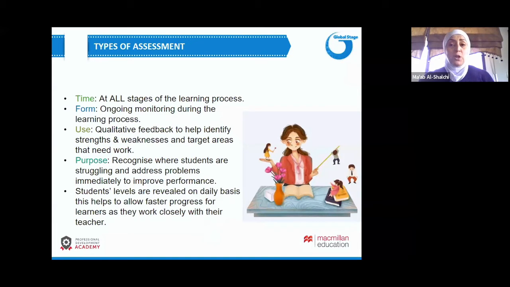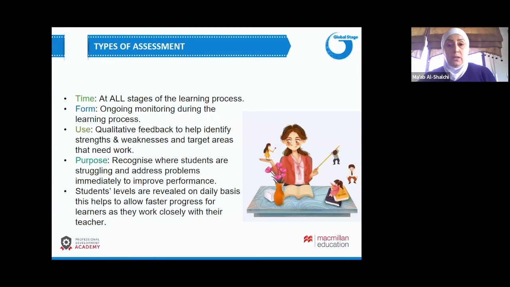So on a daily basis, what you need to do as a teacher is follow and track what your students are showing, what they're giving you, and you do not rely at the end of the unit, the end of the term, to decide on their achievements and how well they did.